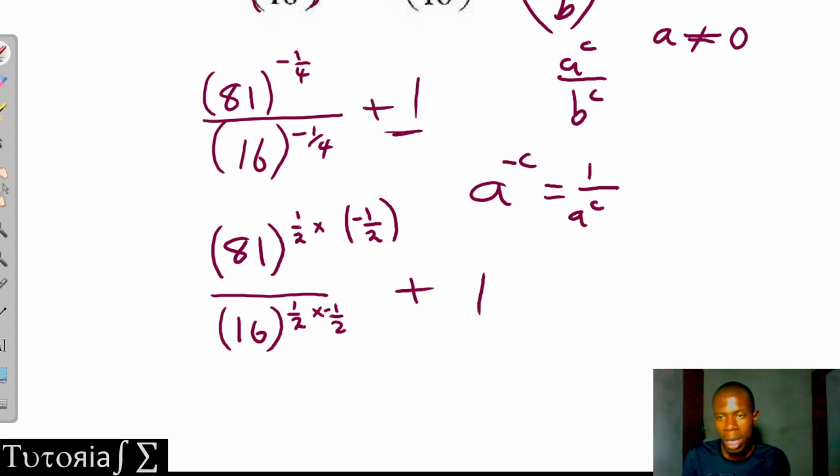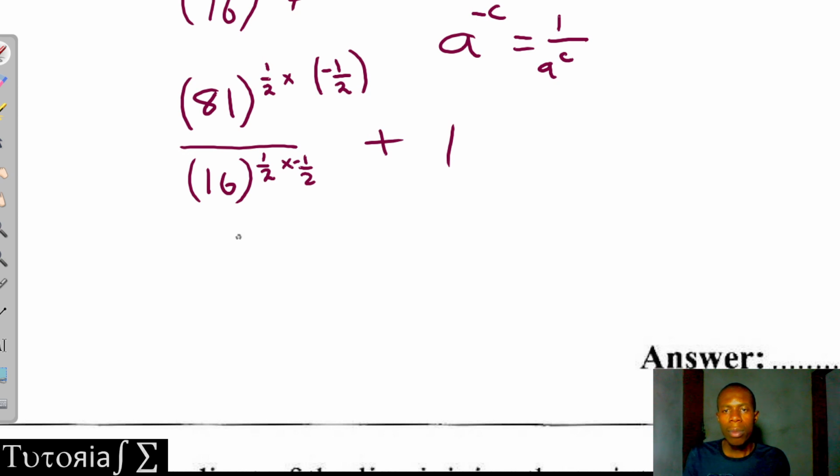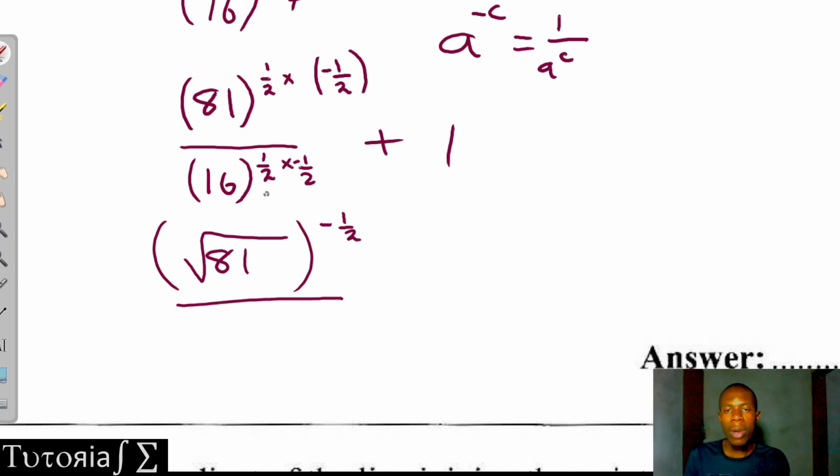Then we know that 81 to the power half is basically the square root of 81, raised to the power negative 1 over 2. Same applies down here. We have the square root of 16, raised to the power negative 1 over 2, and plus 1.